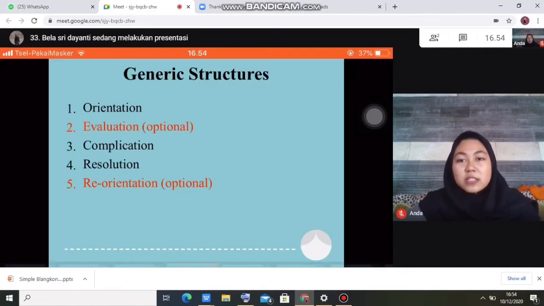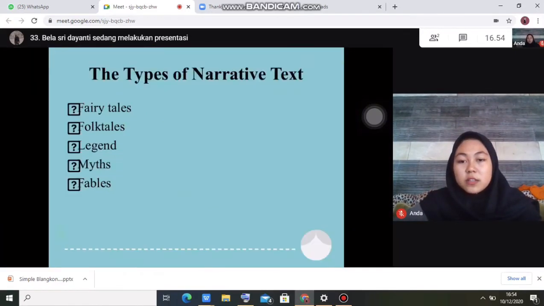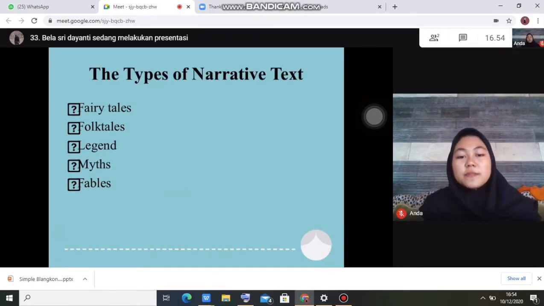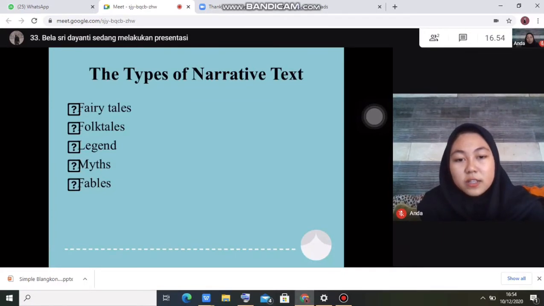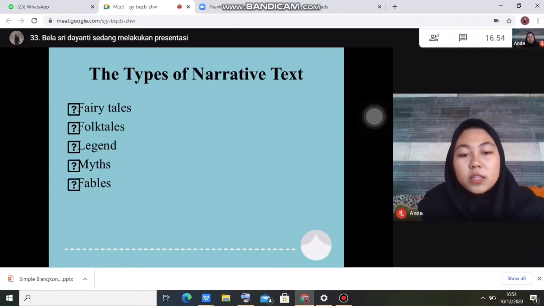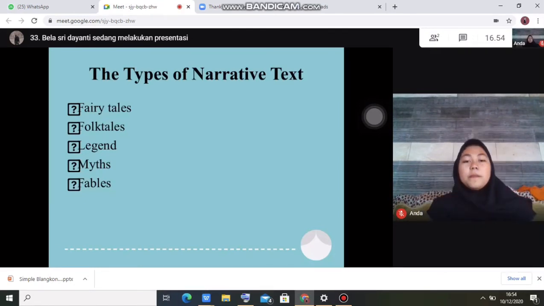Okay. The next, the types of narrative text. The first one is fairy tale, folk tale, legend, myth, and the last is fable.